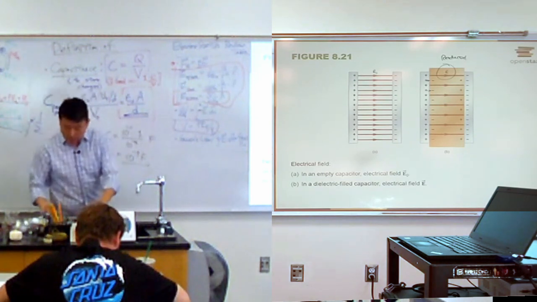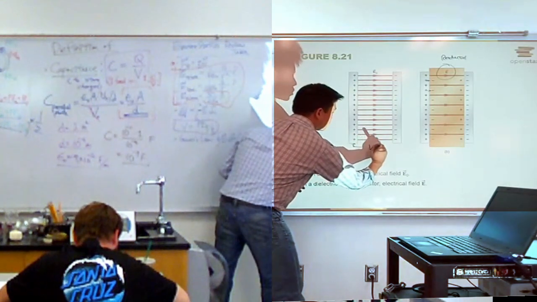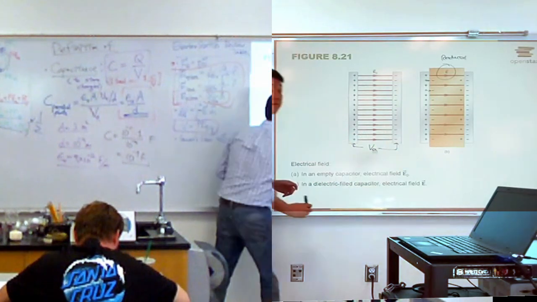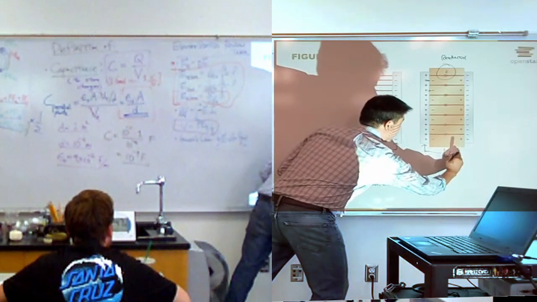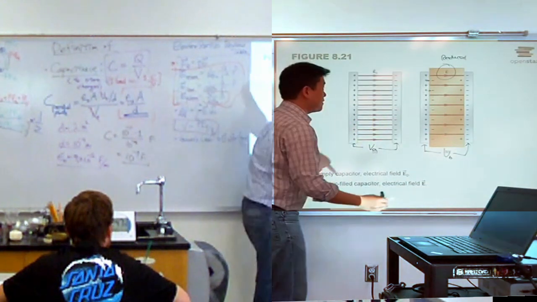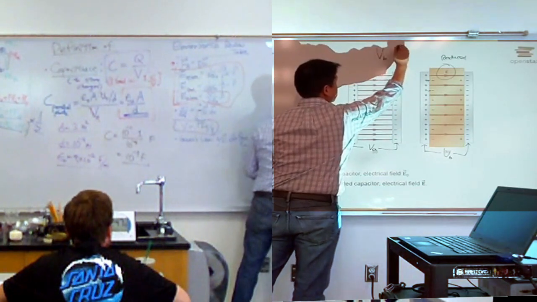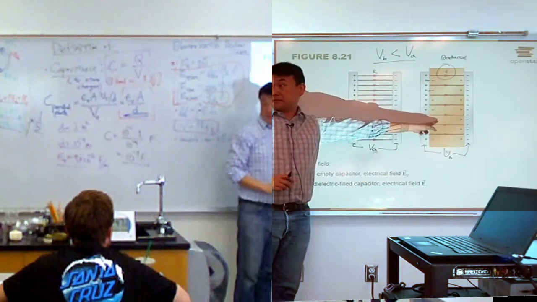So if you say this is the voltage difference between these two, VA, for example, then when you look at the voltage difference here, VB, what you can say based on this picture is that VB is less than VA. The voltage here is less.